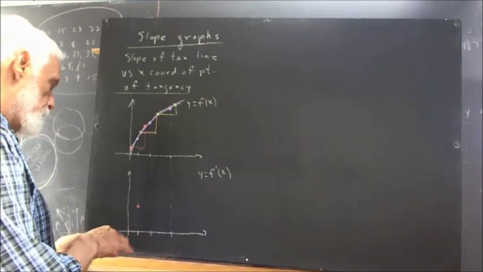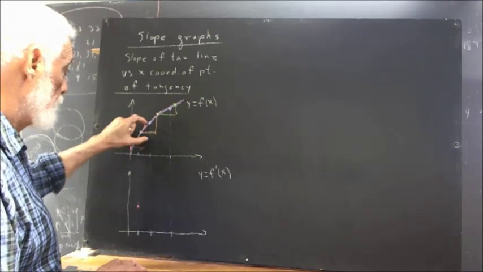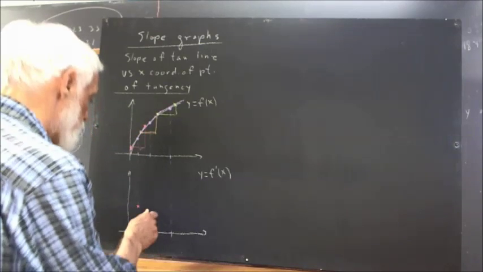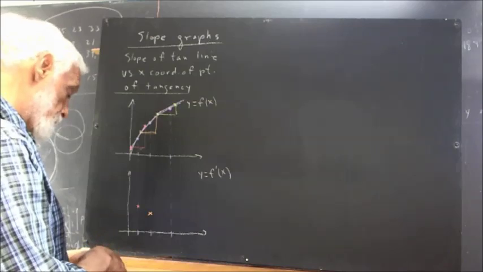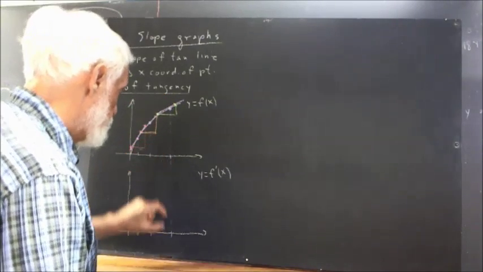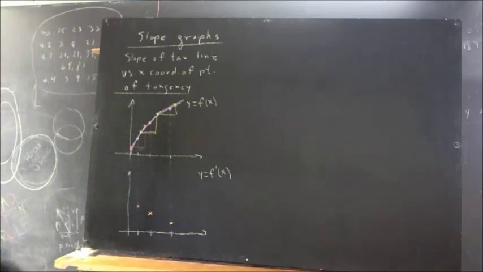And then I use this rise, associating it with the x-coordinate of the point of tangency, bring it down here, and I've got this coordinate. Then I use this rise, associating it with the x-coordinate of the point of tangency, and I've got this point.